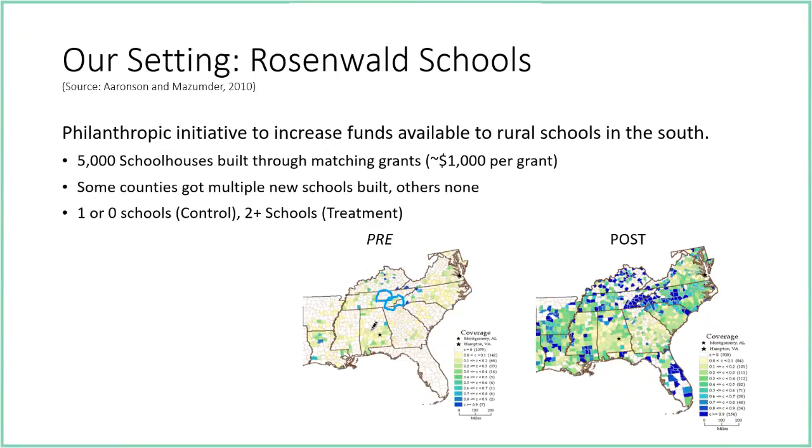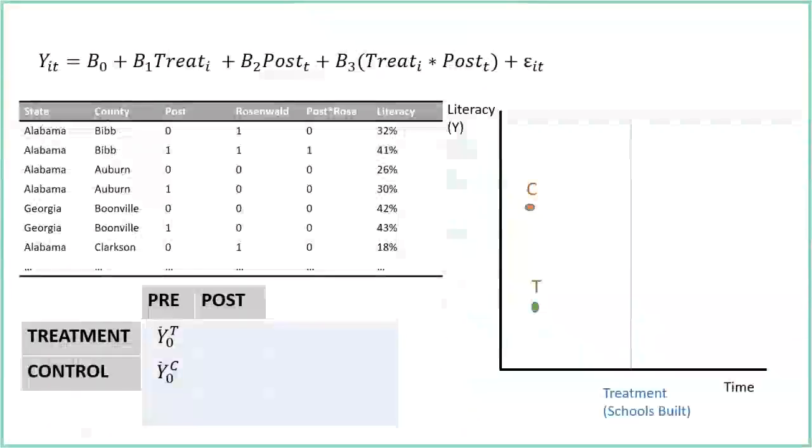In other words, it's okay if there are some omitted variables that aren't in our model that might be a little different between these two places. And that's a big part of the key to difference in differences: it's okay if there are some initial differences between the two. All right.